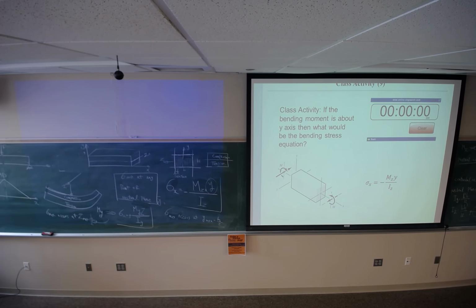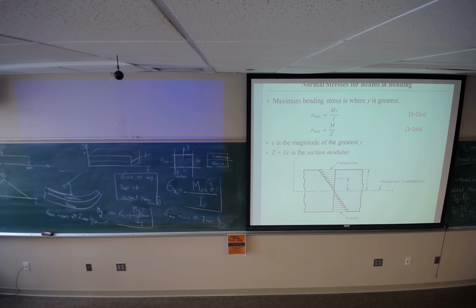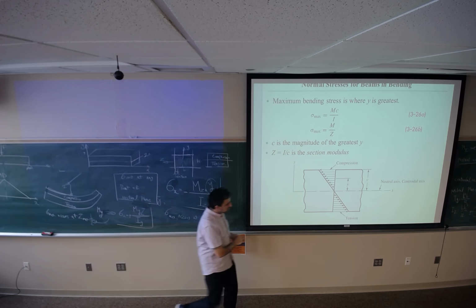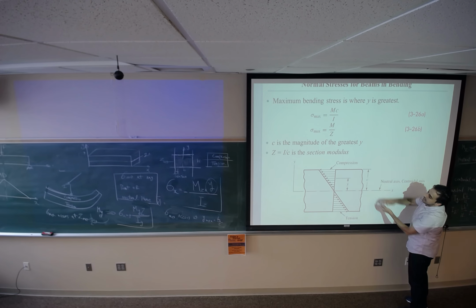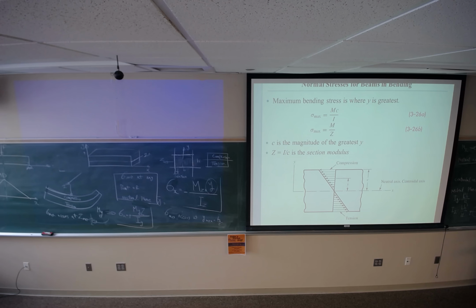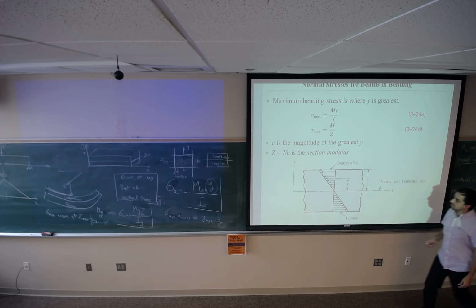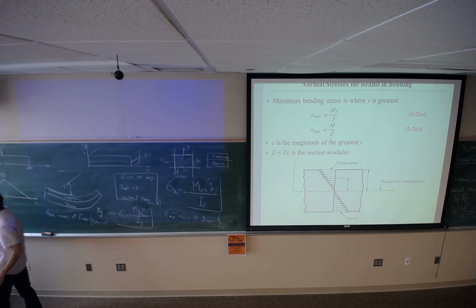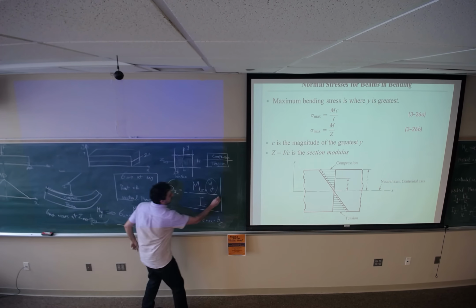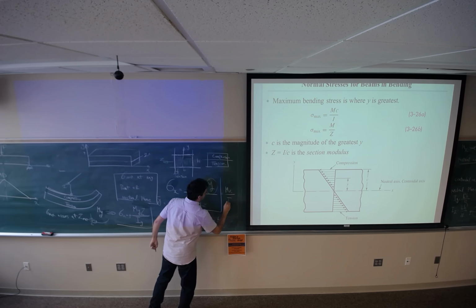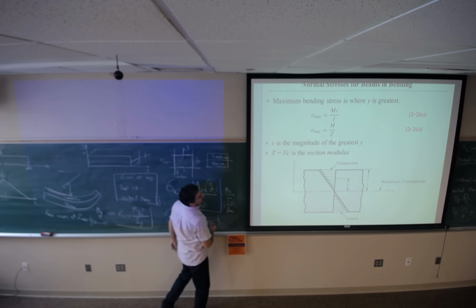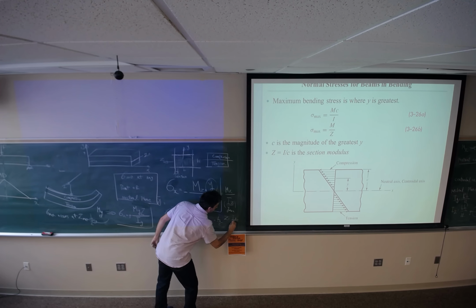So this is another thing. If the maximum distance is called c, which is half of the b, then we can say we call this Z, or section modulus.